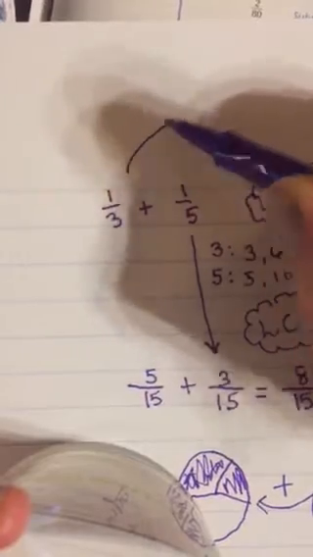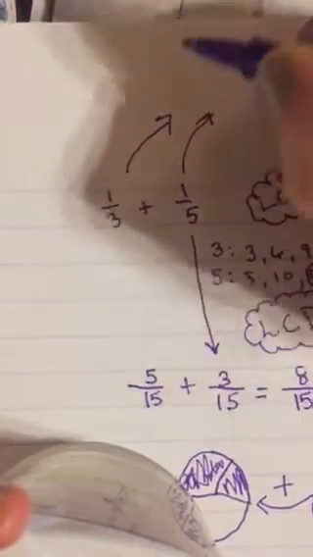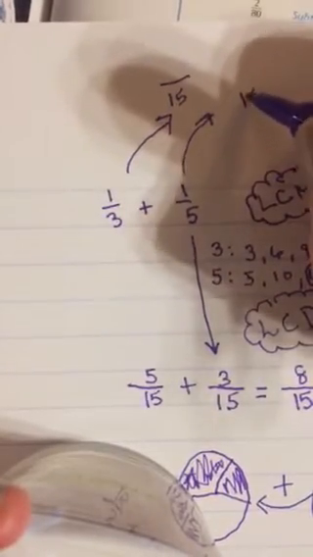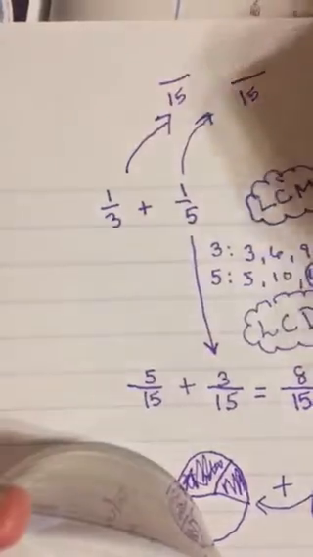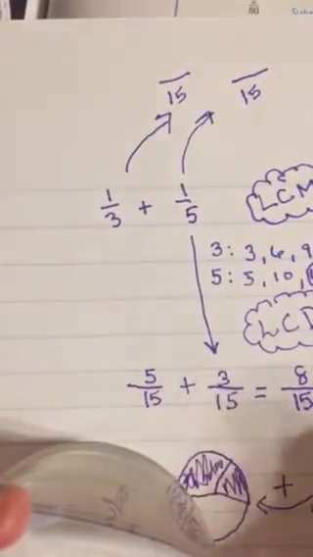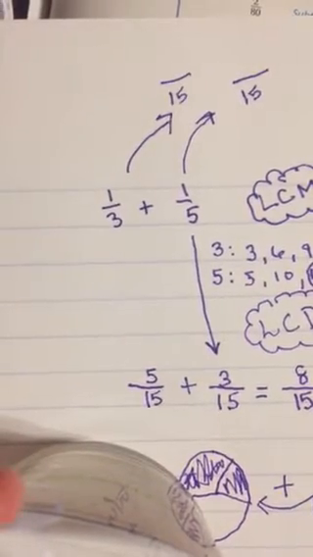So I want us to look at that again and how that worked, okay? We simply said 3 times 15, and that gave us a 15 under this fraction and a 15 under this fraction. And that is the same in this case as our least common denominator. But that's not always going to be true. So let's look at some more examples to see the difference.